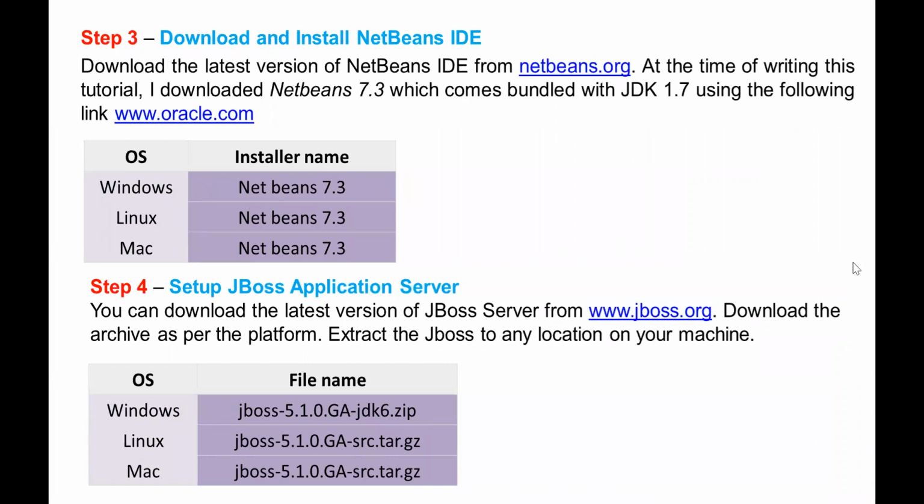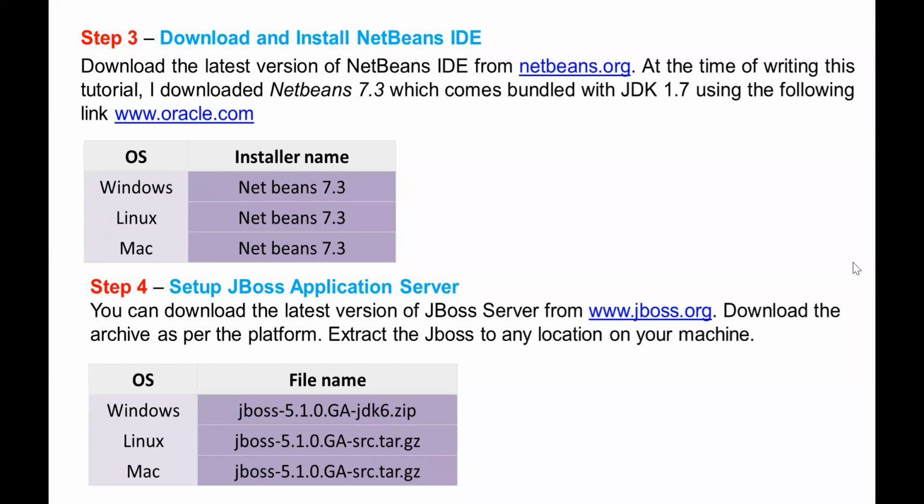Now the third step is to download and install the NetBeans IDE. This is very important because we have to run Java JDK 1.6.0 and execute the EJB concepts in NetBeans. So first download and install the NetBeans IDE.